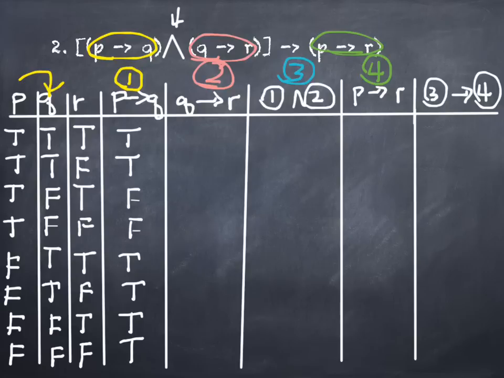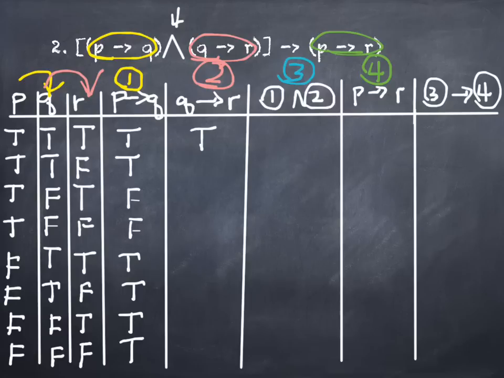So the first one's done. Second one, I think that's the one I used. We're going to go from Q to R, right? So again, I start out true, so we'll go through them one at a time quickly. True, true is true.